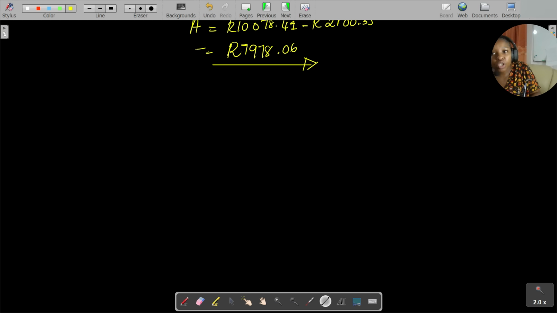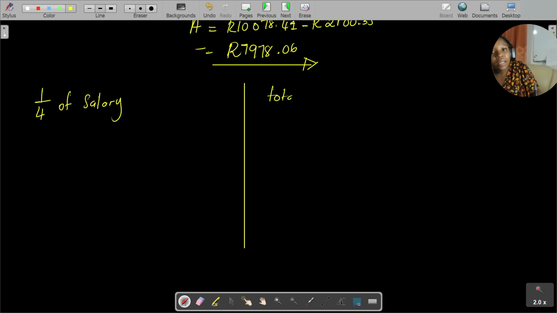We first want to determine what a quarter of his salary is. Then we want to determine the total that he pays for insurance. Then we want to compare these two values and verify whether his statement is correct or not.